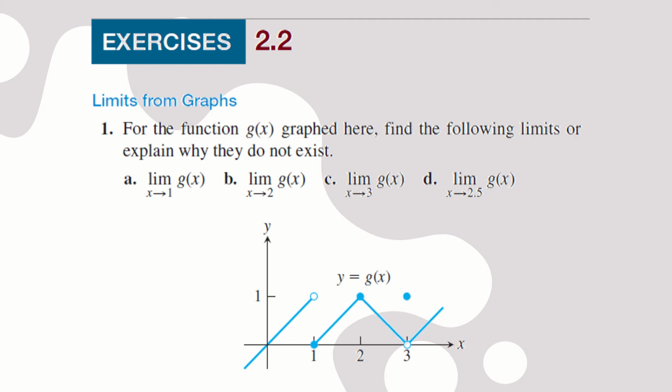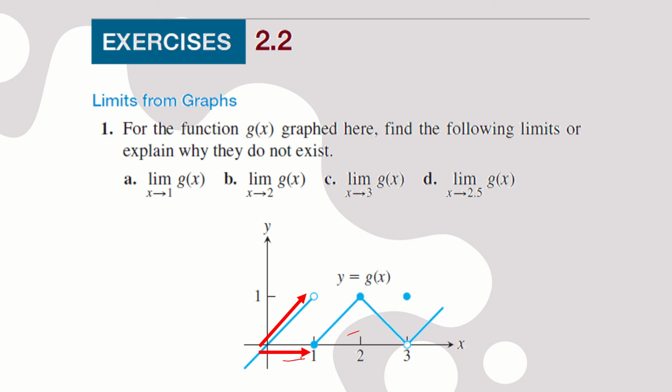So if you want to check the graph's neighboring behavior at x equal to 1, if you approach x equal to 1 from the left side, the function is approaching towards 1. See, this is 1.